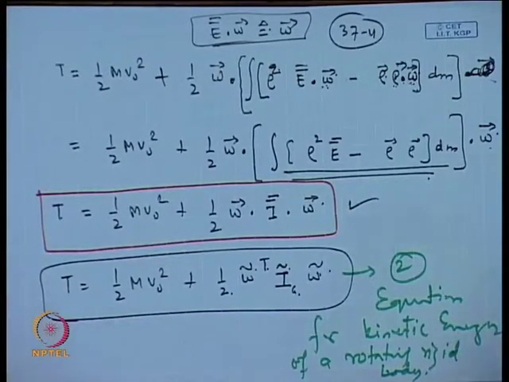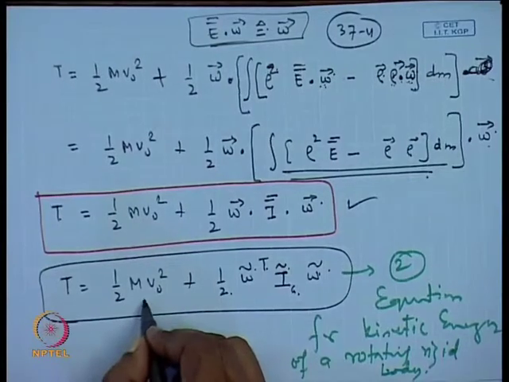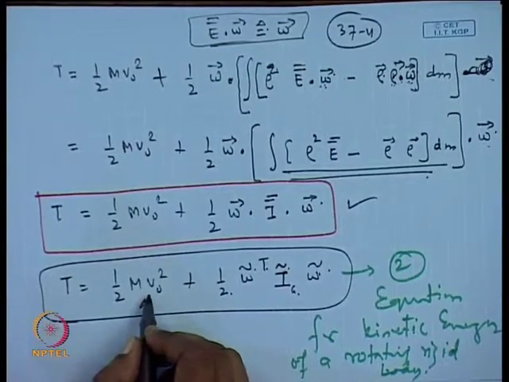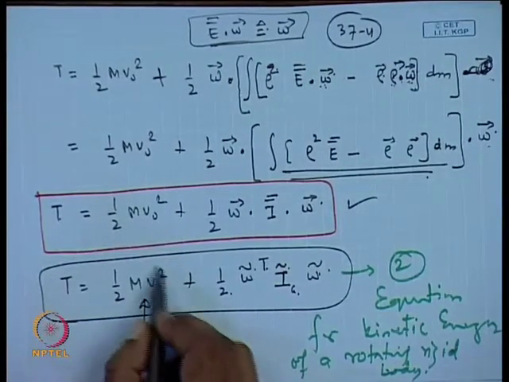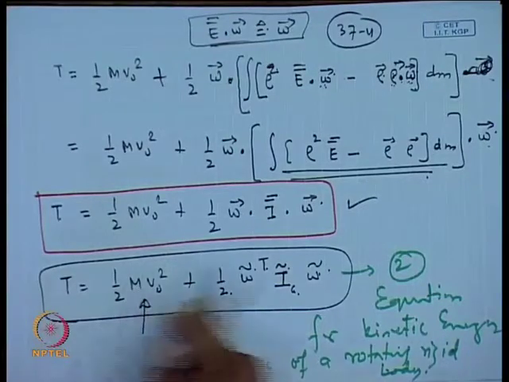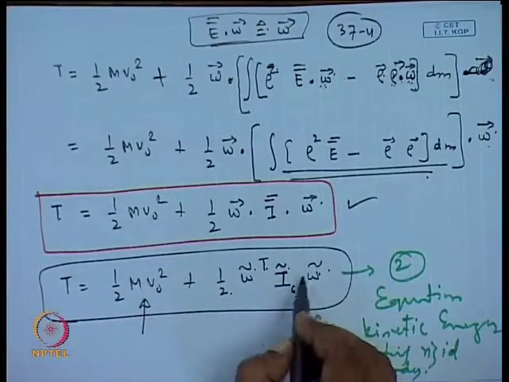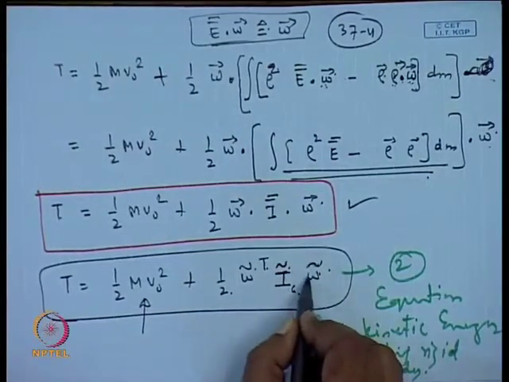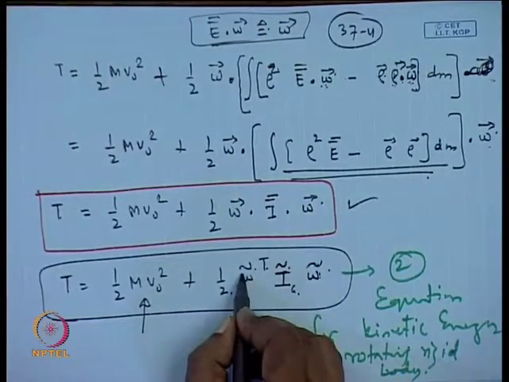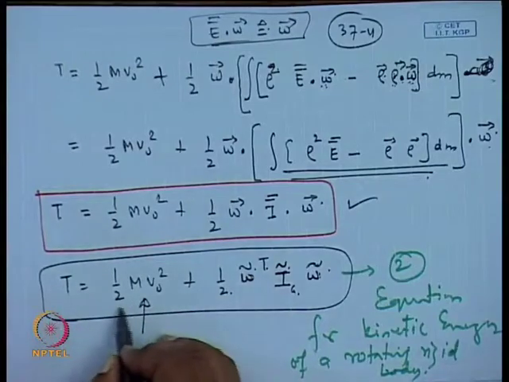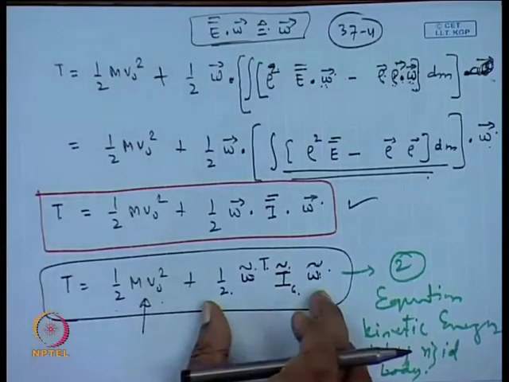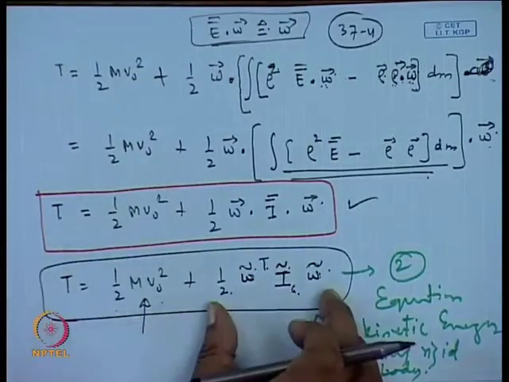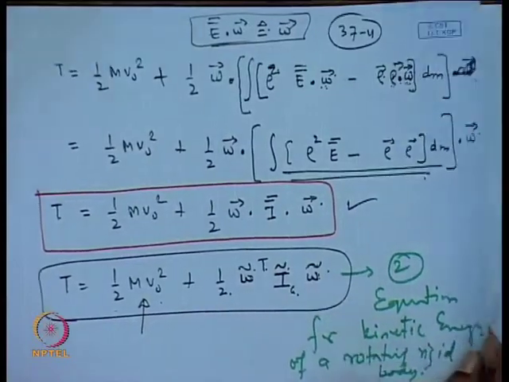Okay, and it is easy to identify. This is the kinetic energy of the rigid body, considering this as a particle of mass m, and this term represents the energy due to the rotational motion. So, total energy becomes the translational kinetic energy plus rotational kinetic energy. So, we have completed this.